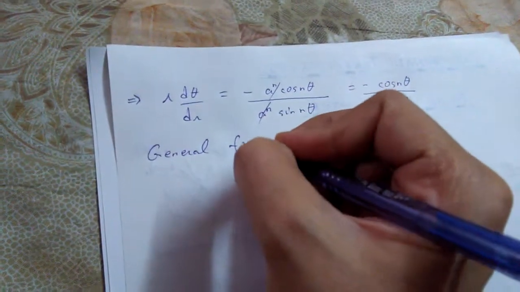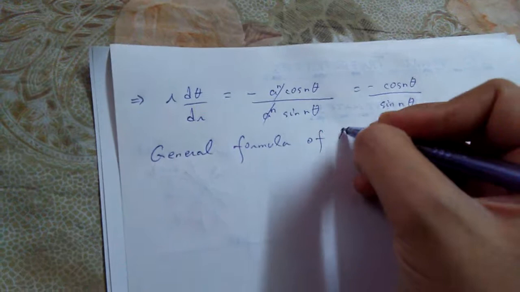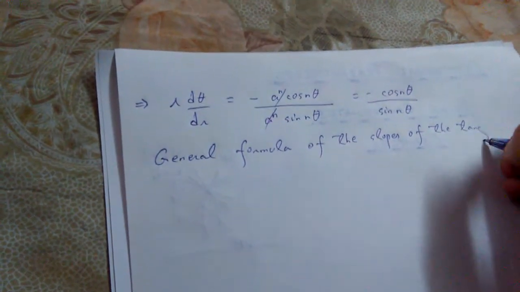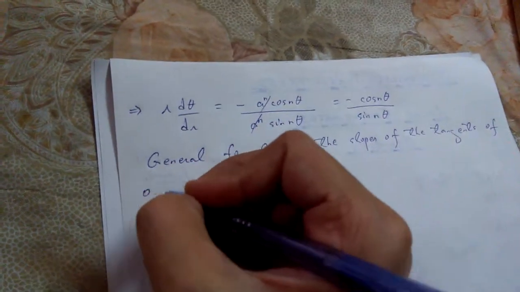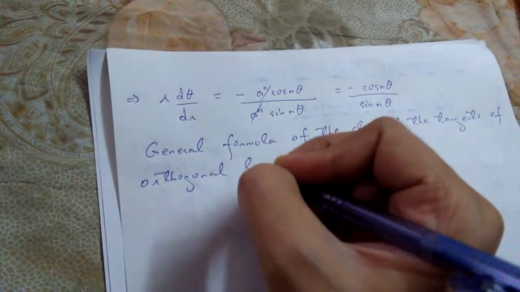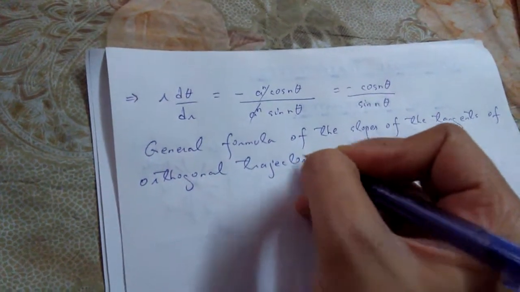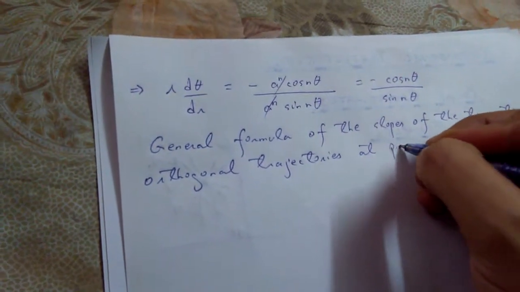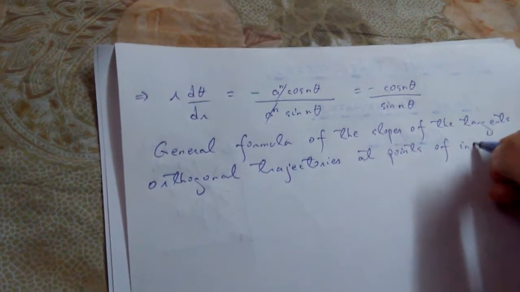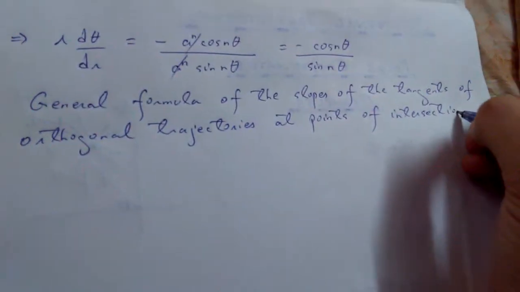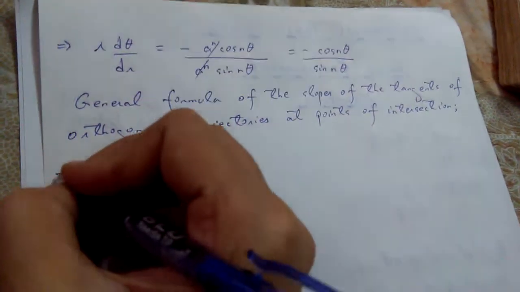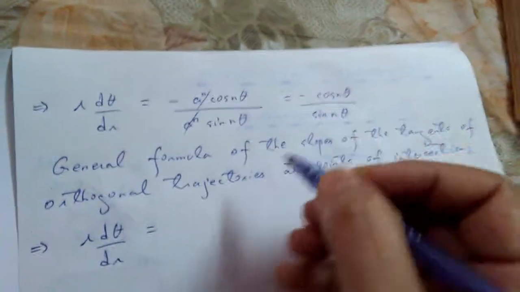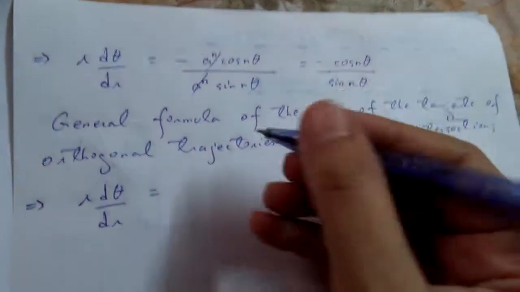Okay, so the general formula of the slopes of the tangents of orthogonal trajectories at particular points of intersections, of course, points of contacts or points of intersections, is going to be the negative reciprocal of this thing, so it'll be inverted, and this negative sign will definitely be cancelled.